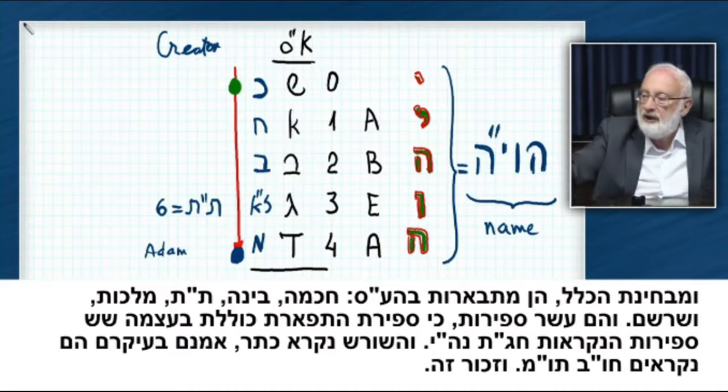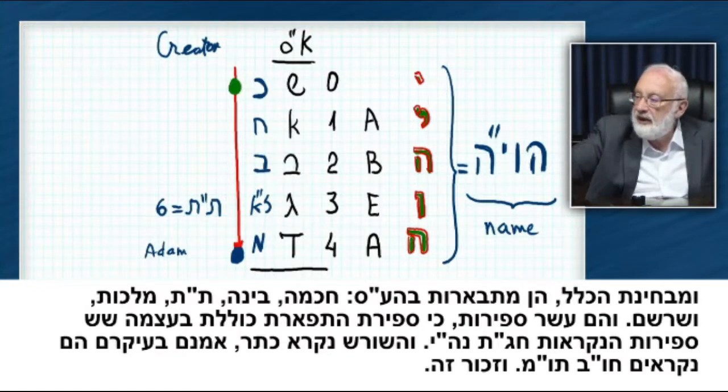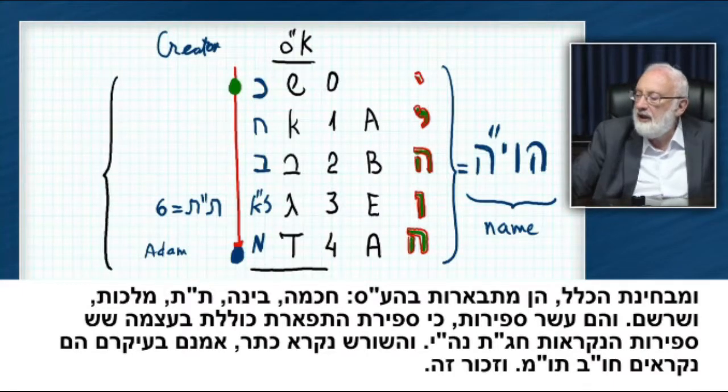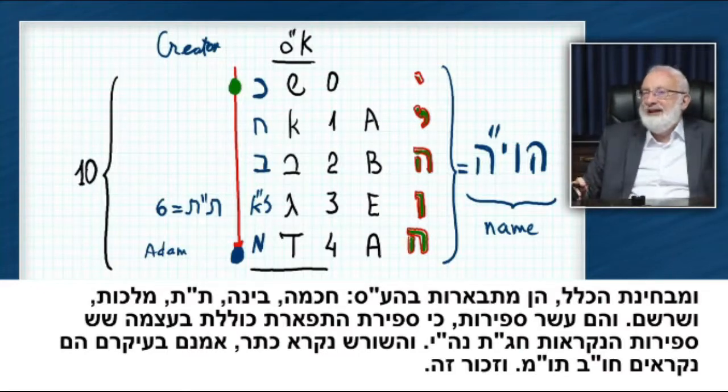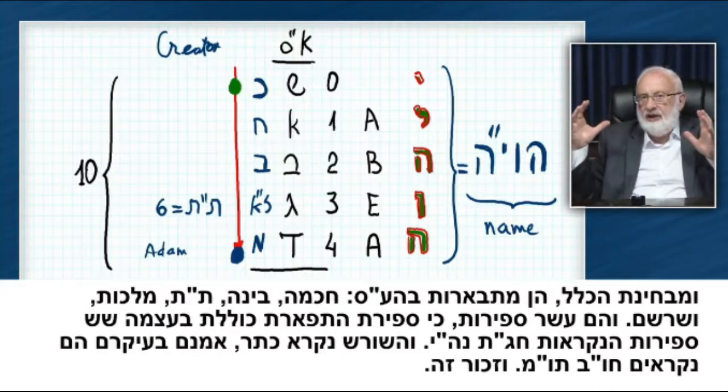Altogether, 10 sfirot. That's why we say that 10 sfirot is everything that exists in creation. So the whole of creation is presented as 10.